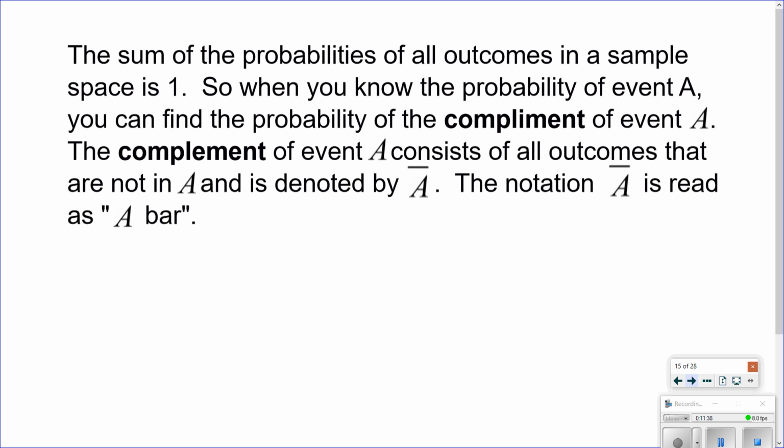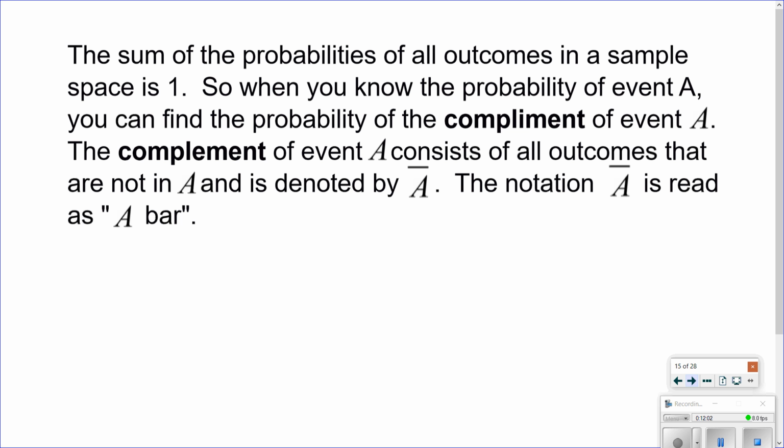That always happens. If you take the sum of all the different probabilities in the sample space, they always add up to be 1. So when you know the probability of event A, you can find the probability of the complement of A. Complement simply means it's the probability of A not happening. Here's a notation for it.